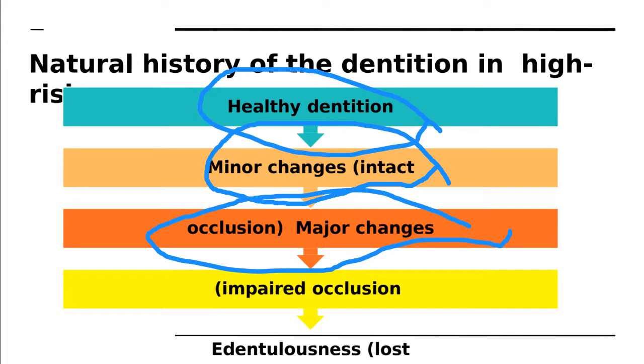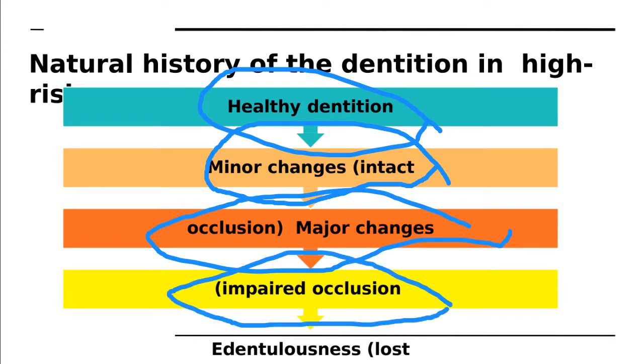And finally, that results in impaired occlusion. And once all the teeth are lost, it is total edentulousness. And what happens when the patient becomes totally edentulous? The whole masticatory load is transferred to the bone, and there is loss of alveolar bone. So that is the last one, the loss of alveolar bone.